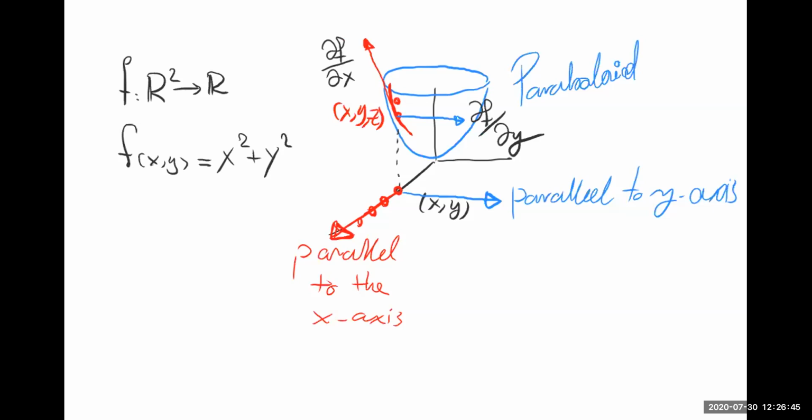So for example, if we have a question like this, if we have a function f of x and y, which is equal to, say, minus x squared over 2 minus y squared.